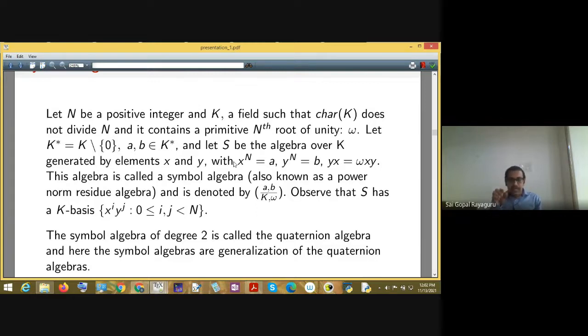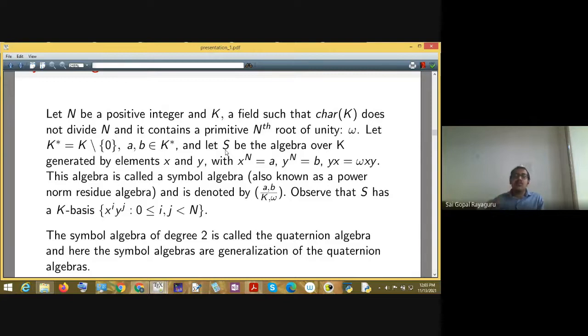So omega is the primitive nth root of unity, and the characteristic of the field does not divide the considered positive integer n. Then if we denote k star equal to k minus 0, that means all the non-zero elements of the field k, then for any a and b from k star, we define an algebra S over k generated by two elements x and y, so that x raised to the power n equals a, y raised to the power n equals b, and yx is equal to omega xy.